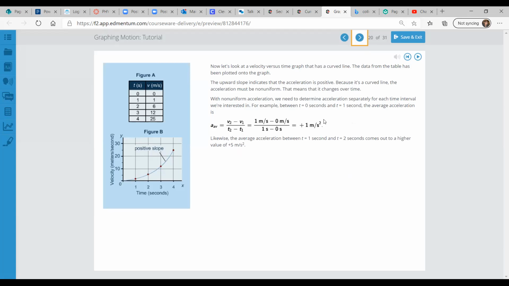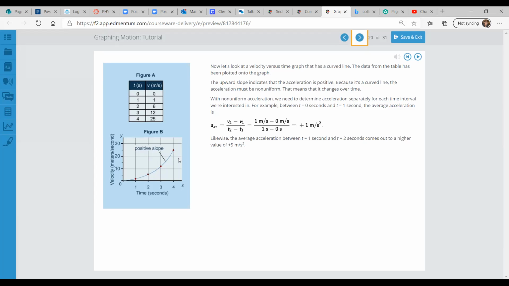Now let's look at a velocity versus time graph that has a curved line. That means this acceleration is changing at each instant. An upward slope means it's accelerating in the positive direction. So you can calculate the average, like we calculated the average velocity too.